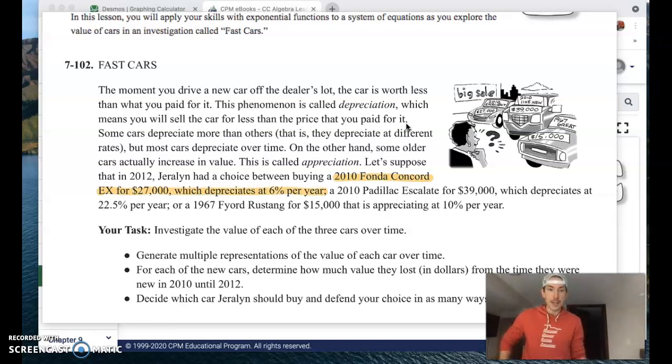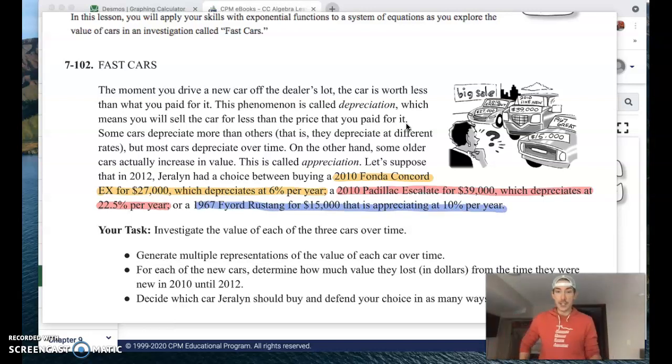That's depreciating at 6%. Grab another highlighter color. We've got a 2010 Cadillac Escalade for 39,000, depreciating at 22.5% a year. And then finally, last highlighter color, a 1967 Ford Mustang for 15,000 that appreciates at a rate of 10% a year.